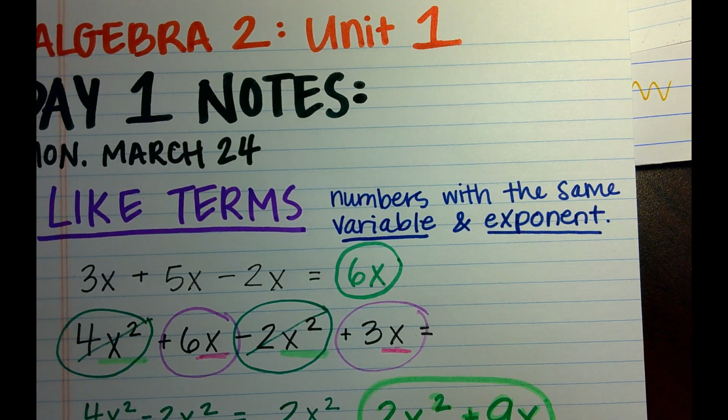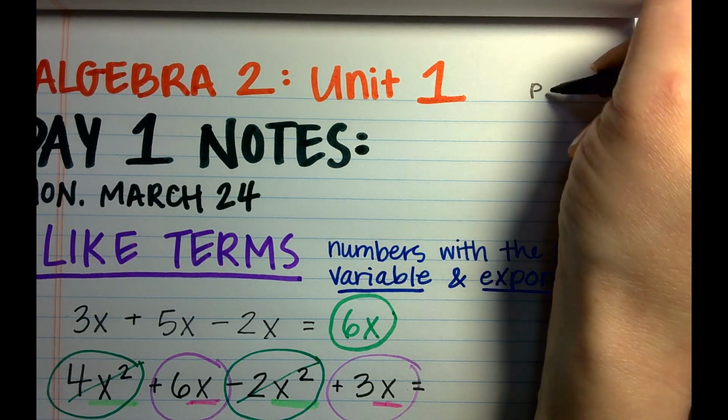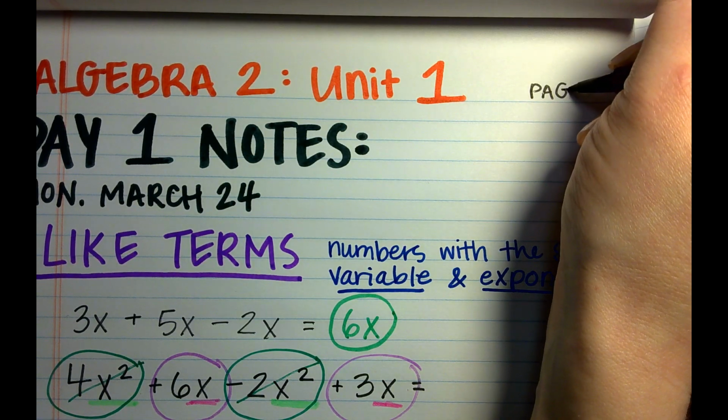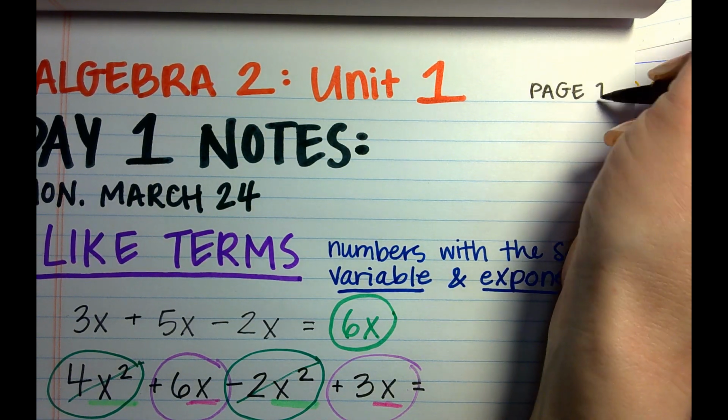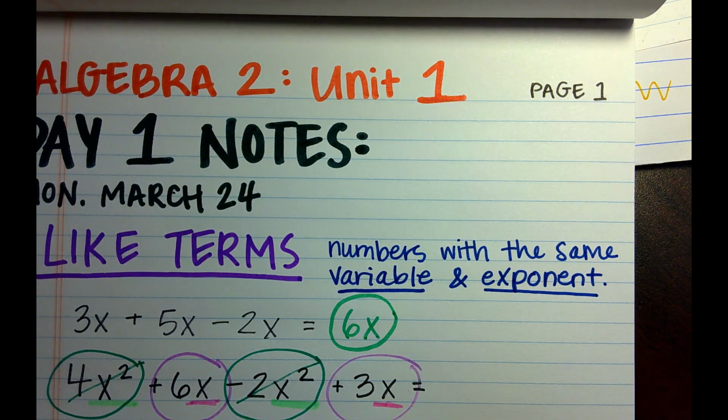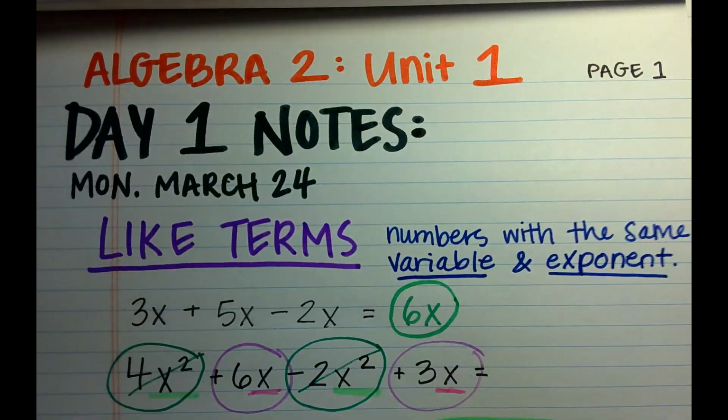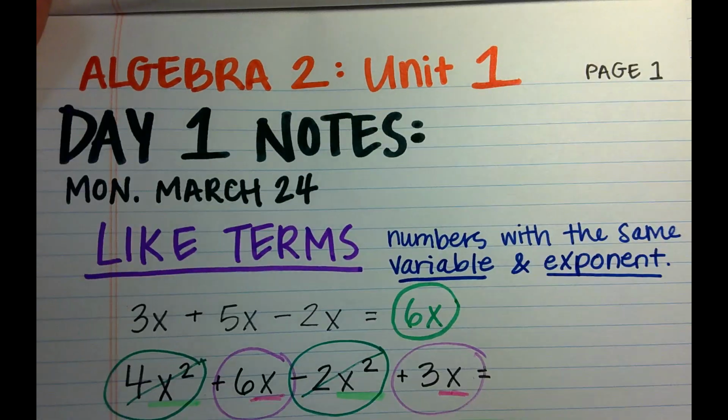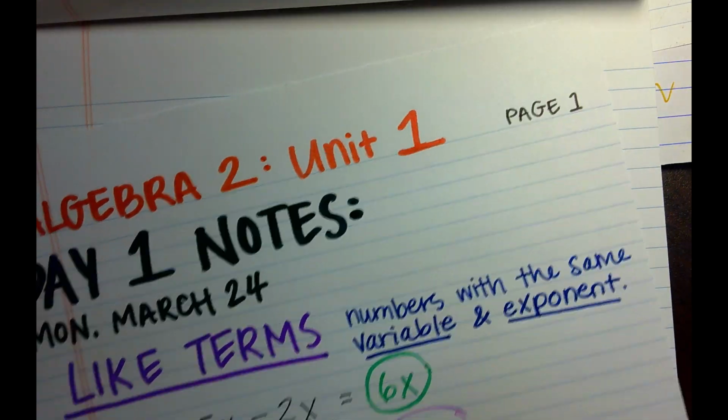Something I like to do with each page is I like to number my pages. You don't have to do this. I'm not checking your notes. I just do it because I lose things and this helps me stay a little more organized. So it's page 1. And I'm going to title my next page Still Algebra 2.